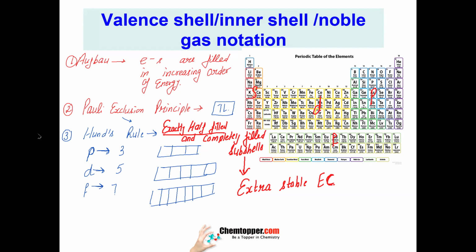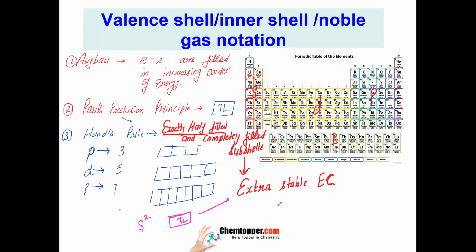So, S subshell has only one orbital. If I say S2, then it is completely filled. There is no concept of half filled in S, only completely filled. This is extra stable configuration.